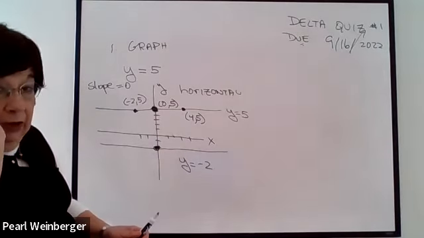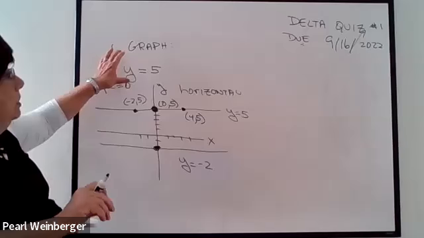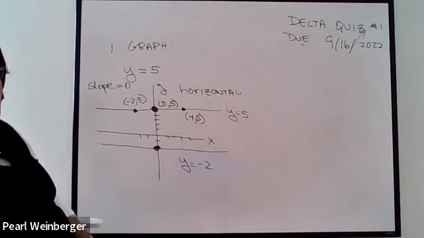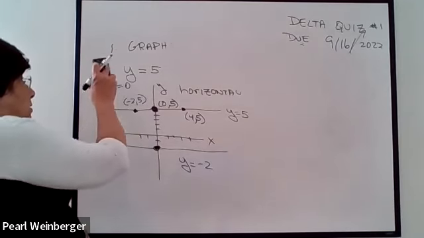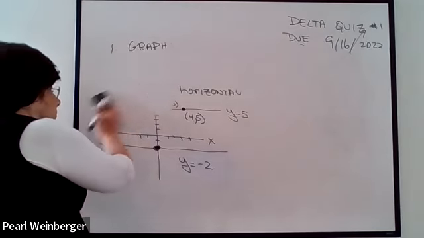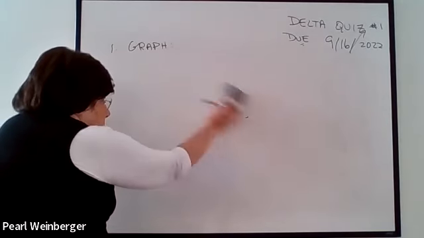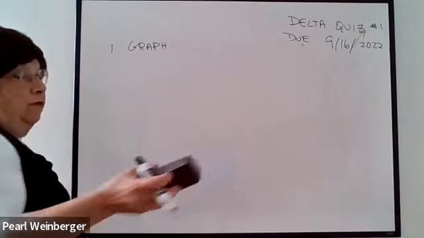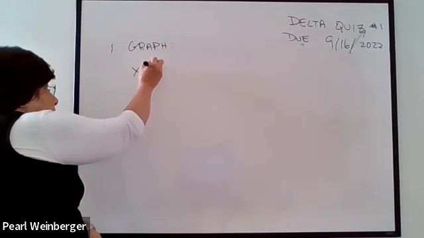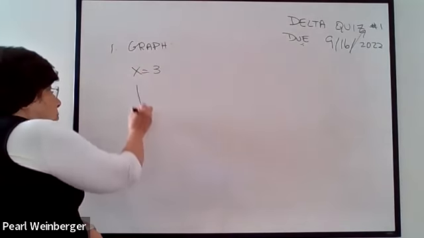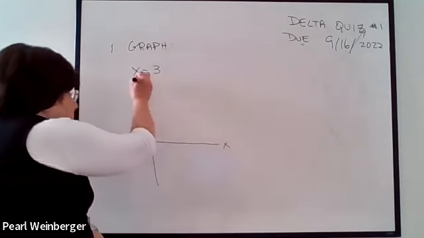Okay, let's now talk about a line whose equation is x equals a number. What if I don't have a y? What if I just have an x? So let's say I gave you an equation like this, x equals 3. How do you draw a line where the x is equal to 3?